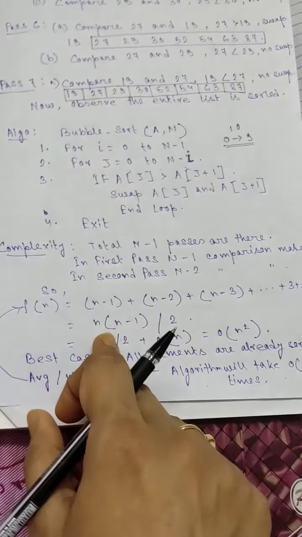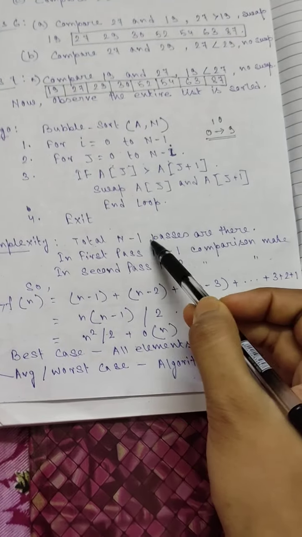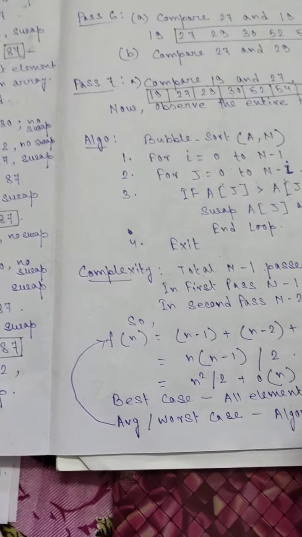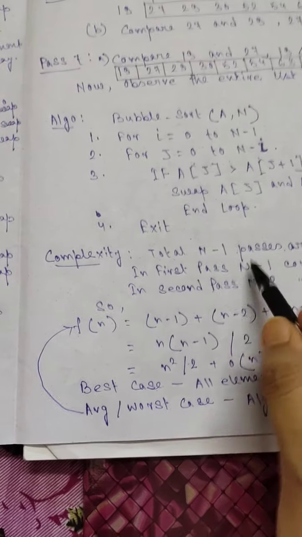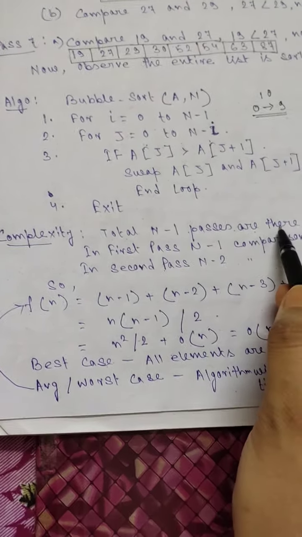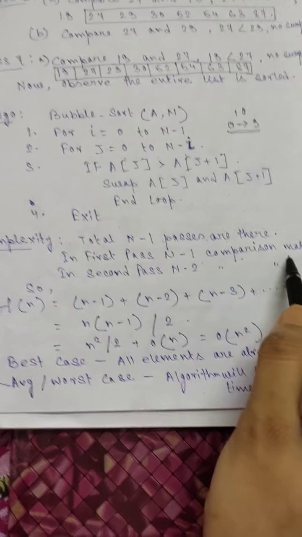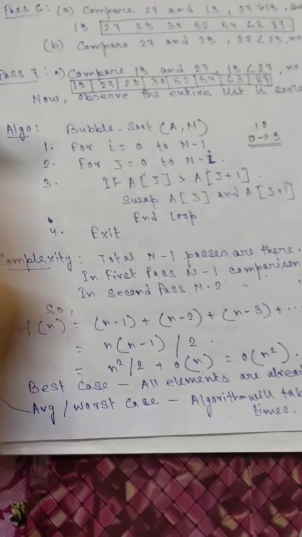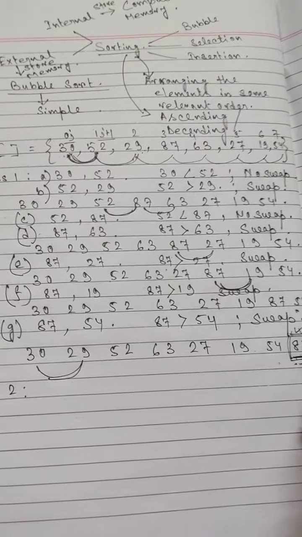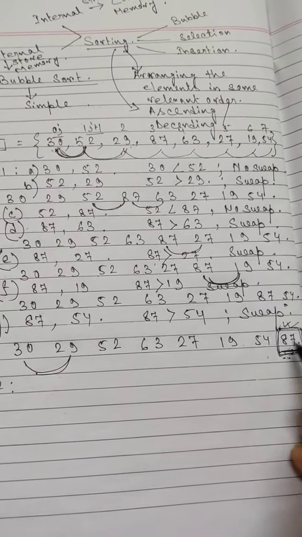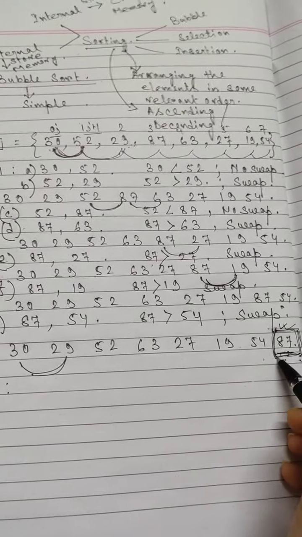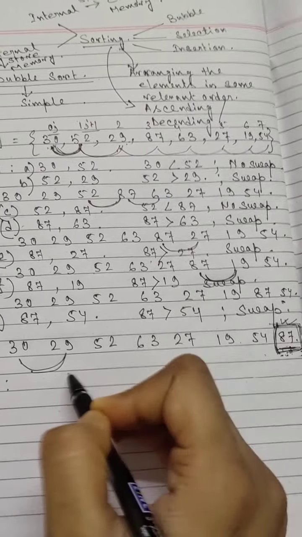So what will be the complexity? n minus 1 passes are there in the first iteration, and in the next iteration it will be n minus 1 passes, total n minus 1 passes are there. In the first pass n minus 1 comparisons are made, and after getting this value in its exact position, we do not compare it with the other values.